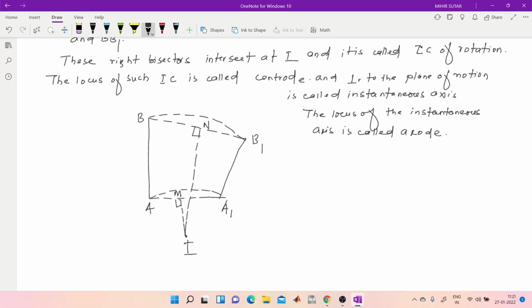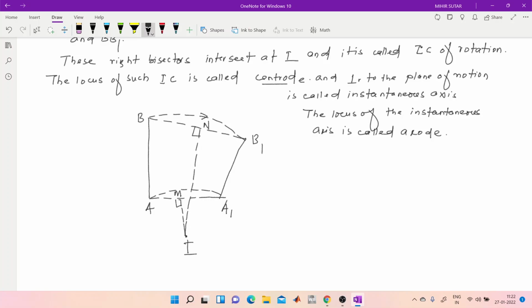One is the centrode, another is the axode. Means this straight line is known as the centrode, and the locus of this axis, from B to B1, is known as the axode.